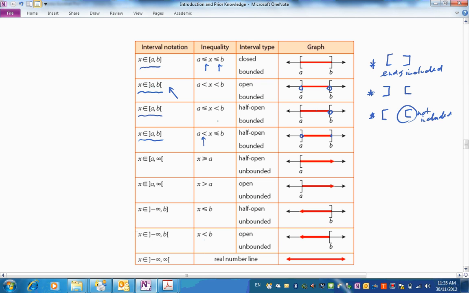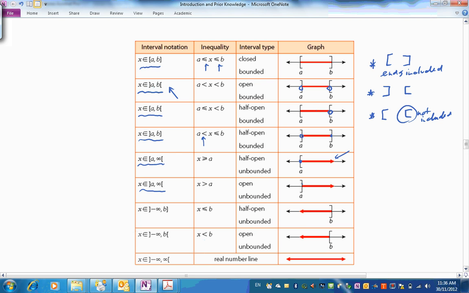So what about this one here, next one? It's half open because this end is closed off. You can equal A, but there's no upper end, so it is unbounded. Okay, so what about the idea here? Infinity on one end, of course, means it's completely open up there, unbounded.